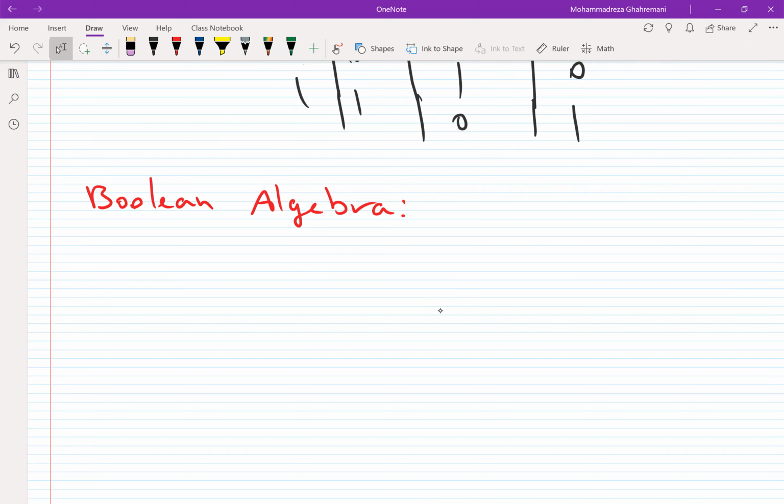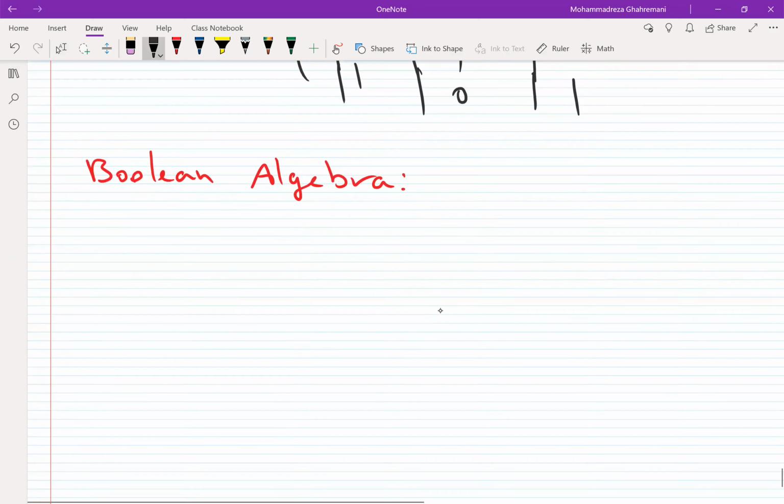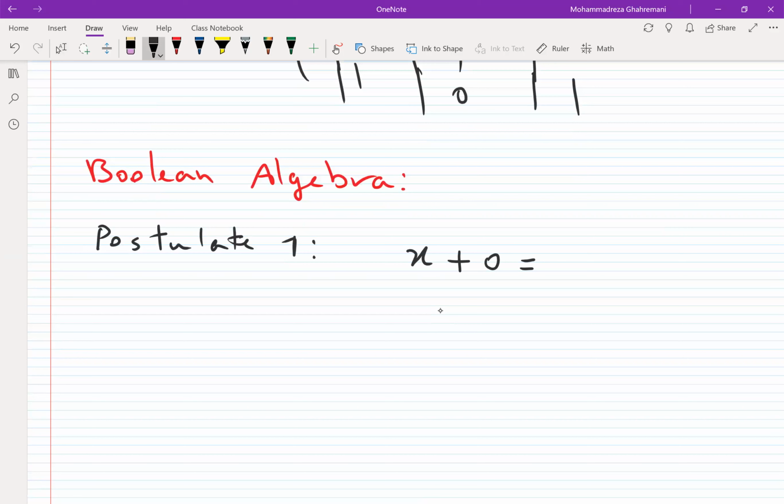We have some postulates for Boolean algebras that I'm writing here one by one. Postulate 1 says that the variable x OR with 0 is equal to x, and x AND with 0 is equal to 0.